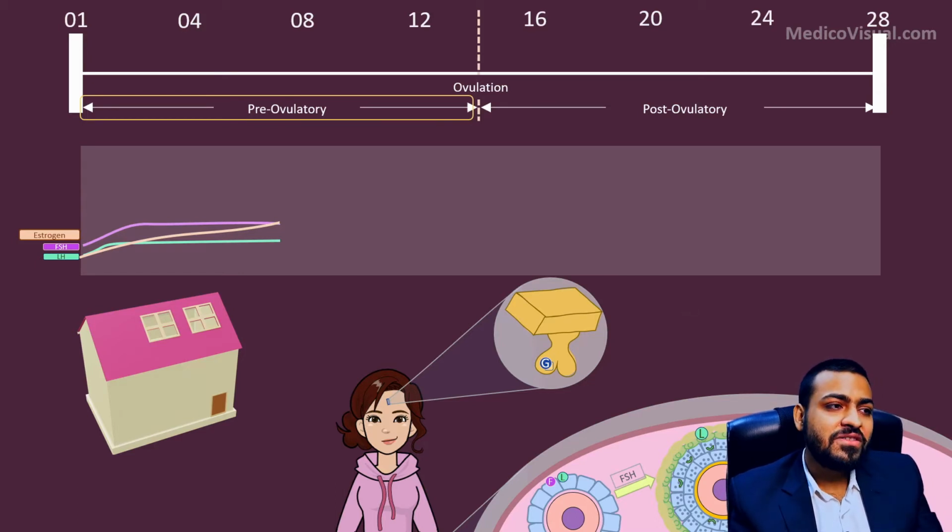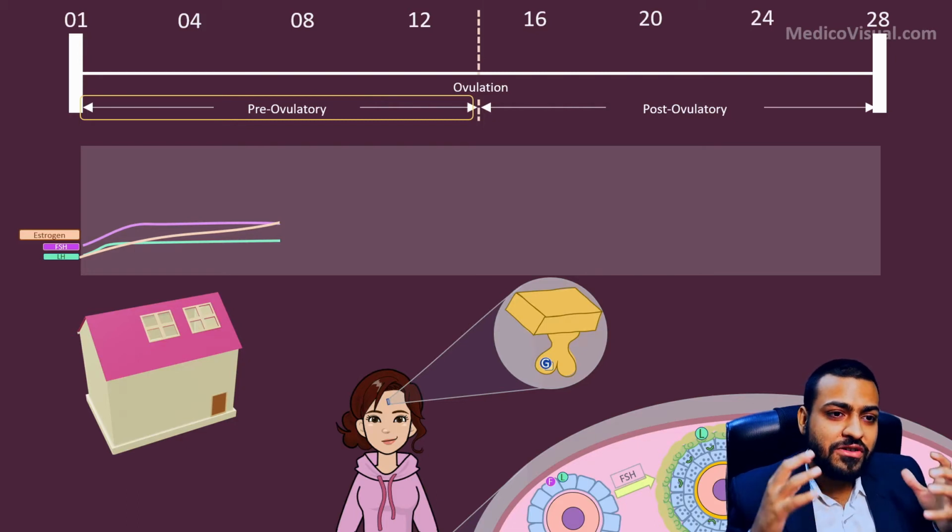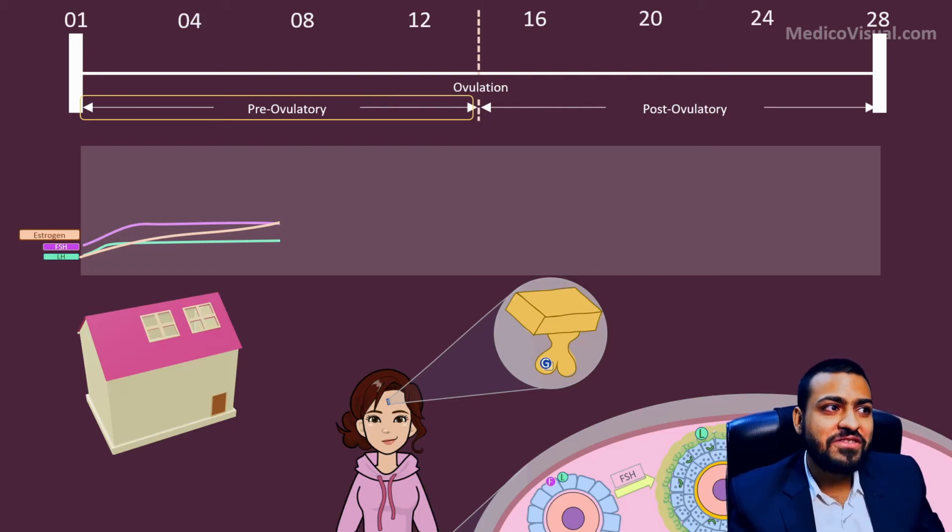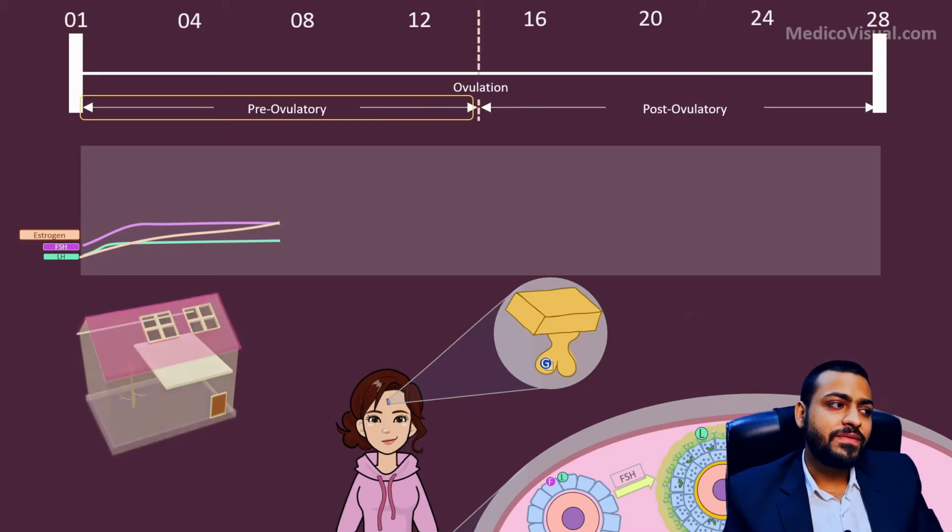As I have told you, females are quite optimistic creatures of God. As soon as these follicles start growing, they are so sure that pregnancy will occur that they start creating the home for baby.